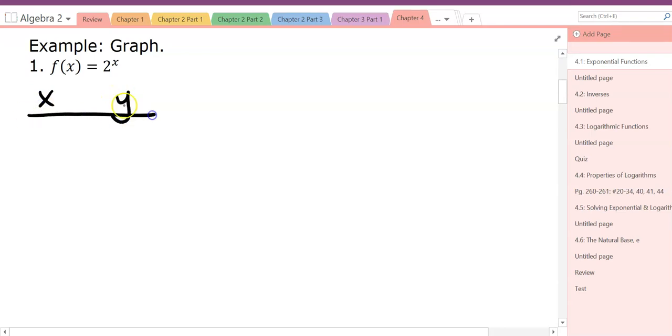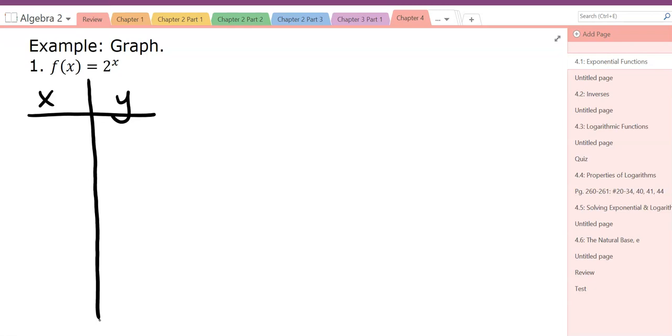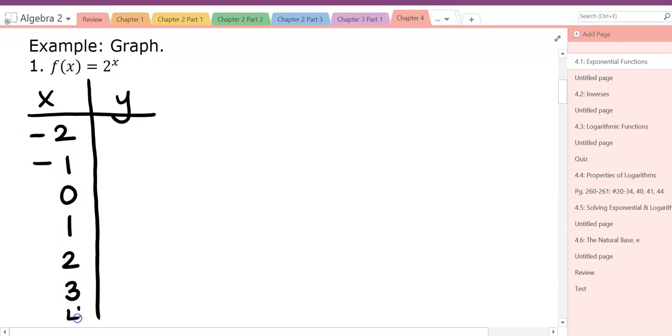So I'm going to create my XY chart here, so you're going to want to make t-tables for all of these, where you put x on one side, y on the other side. And we're going to put numbers in for x. So I'm going to start at -2, and I'm going to go up to +4. So what I do then is I take all of those numbers and I put it in for that exponent.